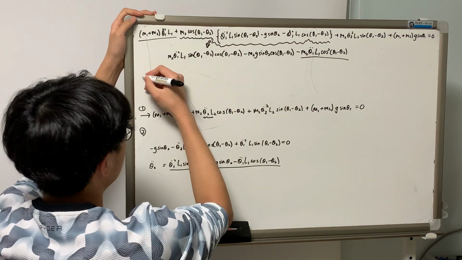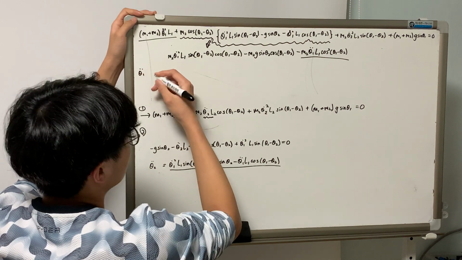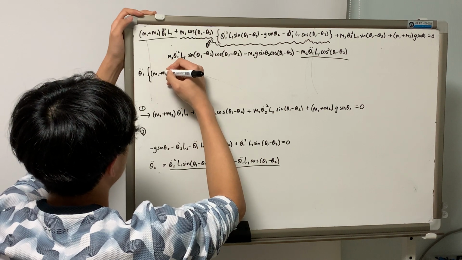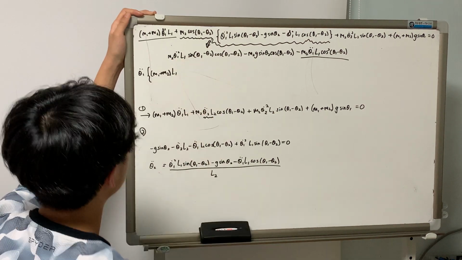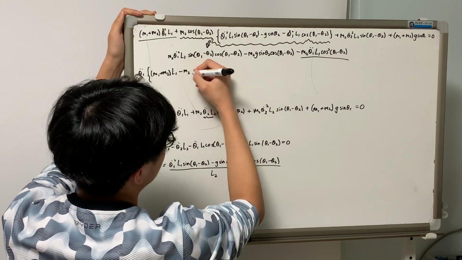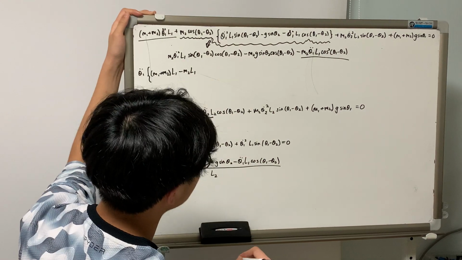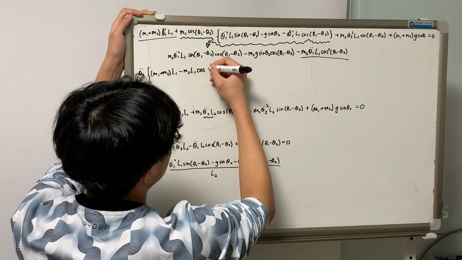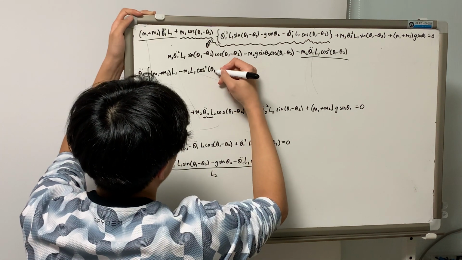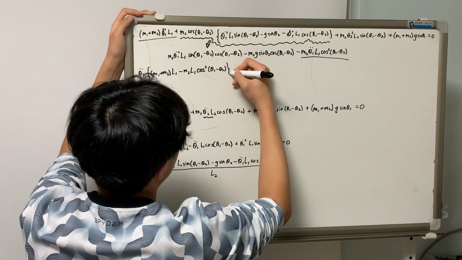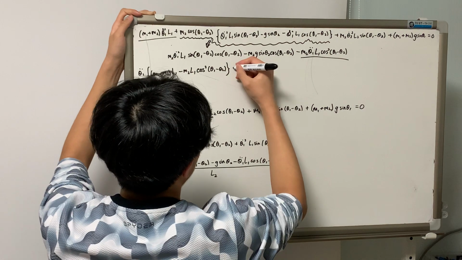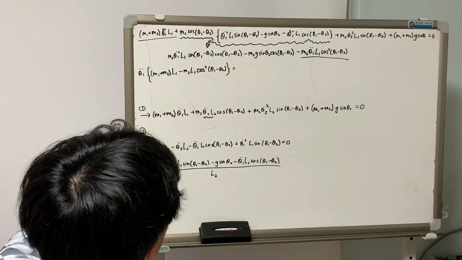That's going to give us theta 1 double dot of, look at this first, M1 plus M2 of L1 minus M2 of L1 of cosine squared of theta 1 minus theta 2, bracket closed, is going to be equal to a very, very long term.